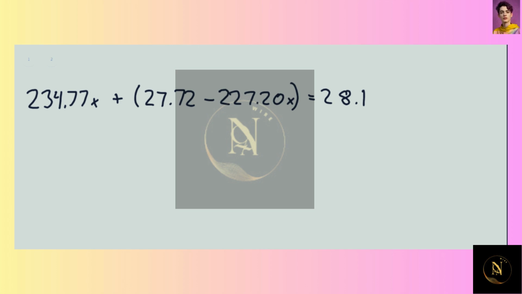So we can consolidate our terms here and we get 7.575X is equal to 0.38, and we get X is equal to 0.0502, which we know is moles of silver iodide.